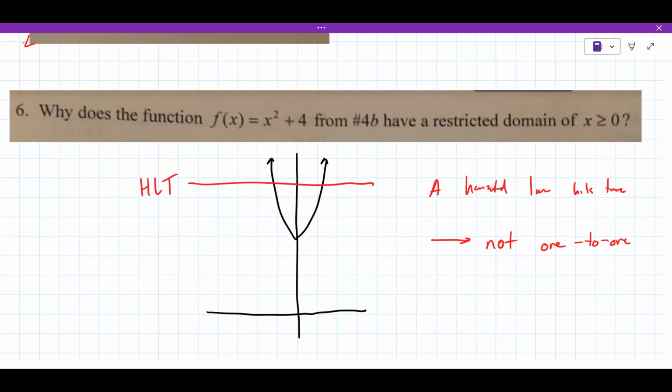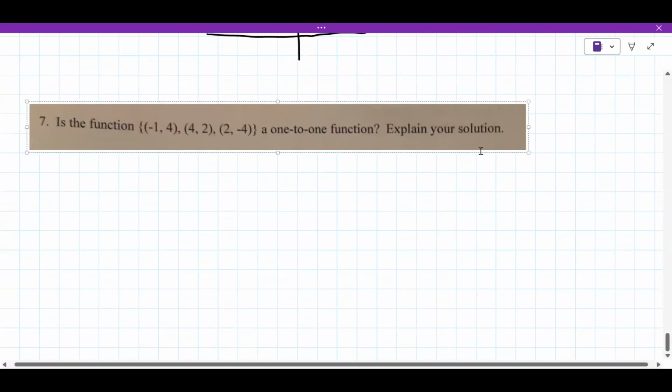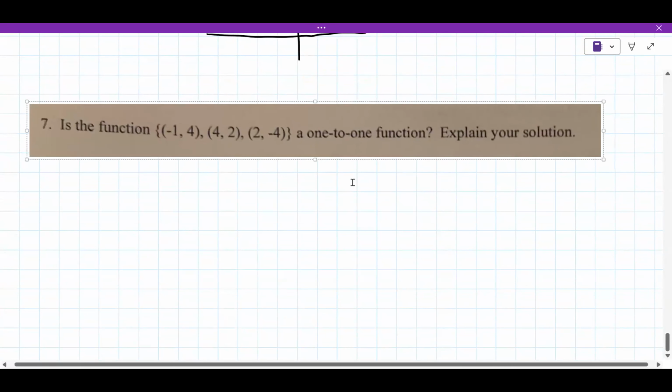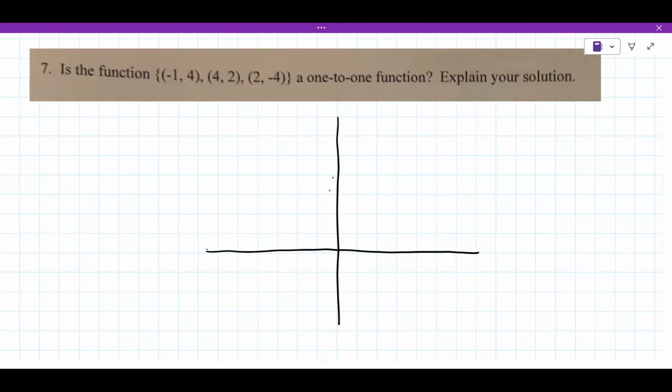Okay, 7. All right, so is the function 1 to 1? So a quick graph of this would be good to do. It doesn't have to be very accurate, just has to be some sort of a graph. So -1, 4, 4, 2, and then 2, minus 4.